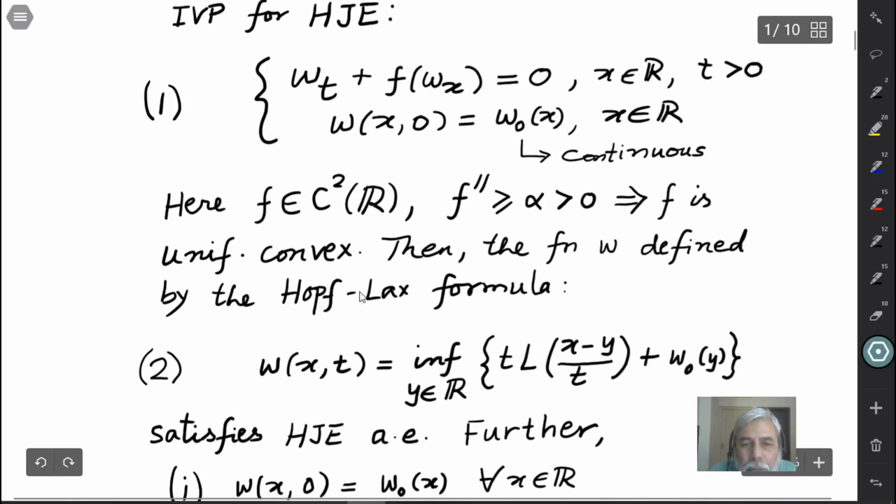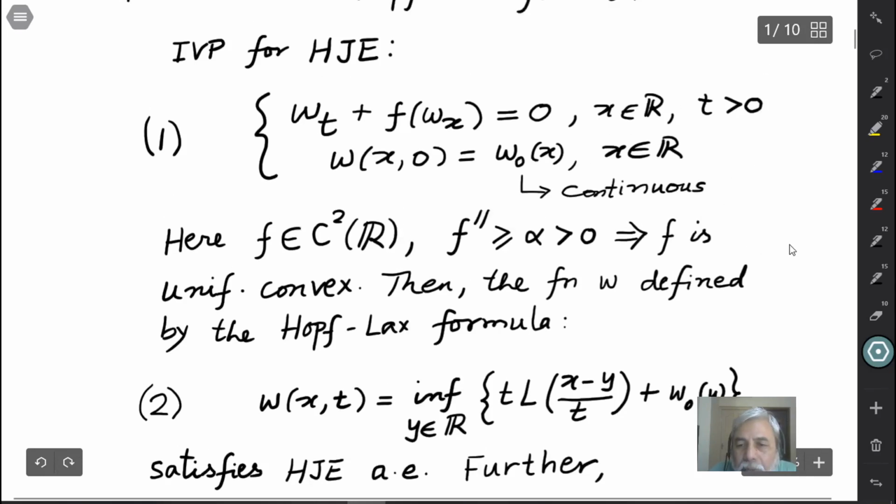The Hamilton-Jacobi equation we have already studied in detail, derived this Hopf-Lax formula and showed that indeed it is a solution of the Hamilton-Jacobi equation.